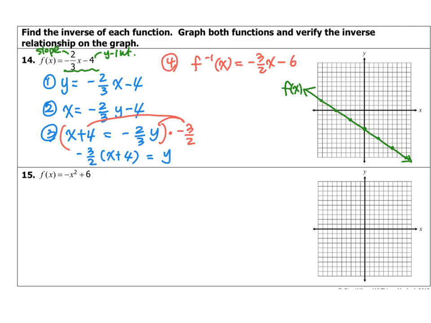Now let's graph the inverse of f of x. Start from -6, and the slope is -3/2. So if I go up 3, left 2, go up 3, left 2, keep going.